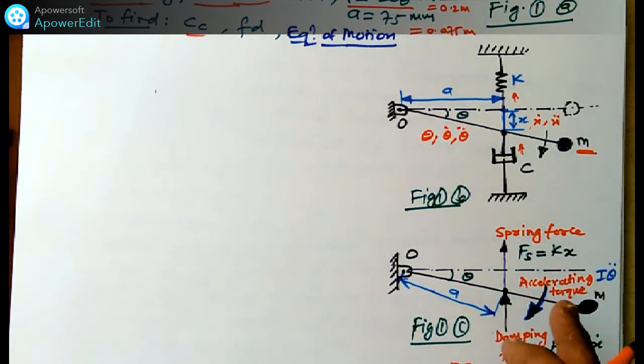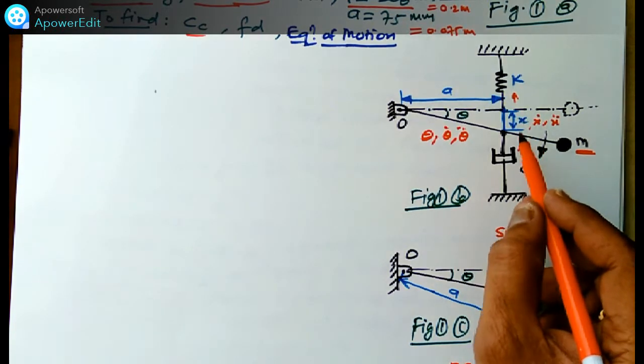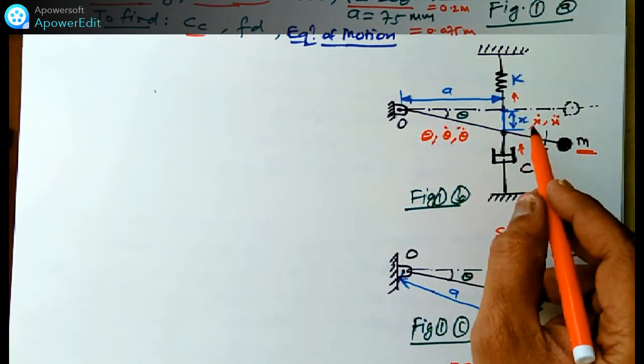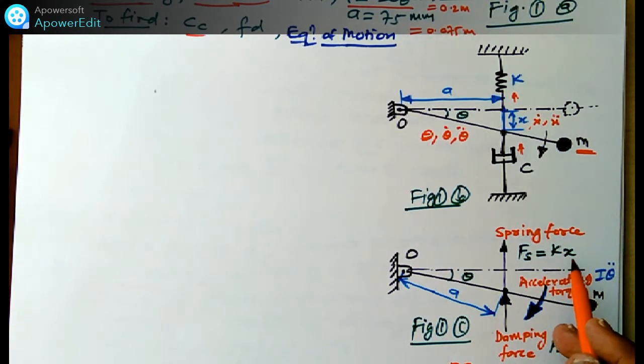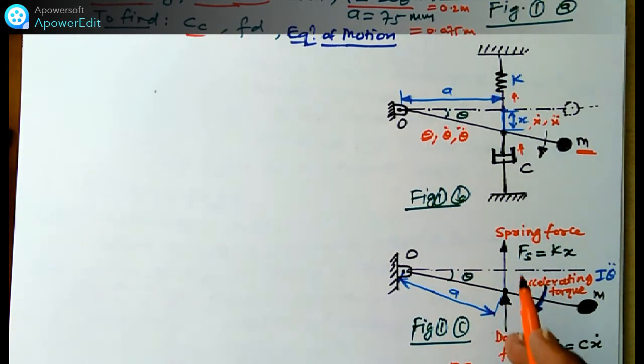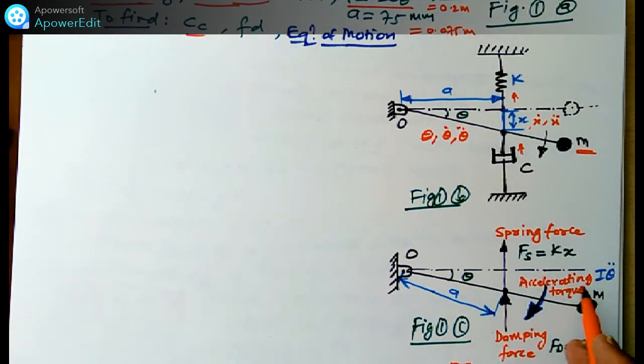So we have to draw this FBD, then we can solve the equation very easily. Due to this displacement of x and theta, the spring force I have written here as Fs equals kx in the upward direction, and the damping force is also in the upward direction, and the accelerating torque is I theta double dot.